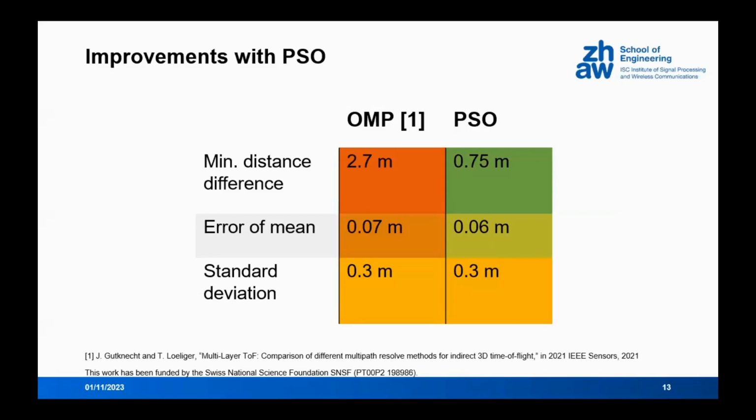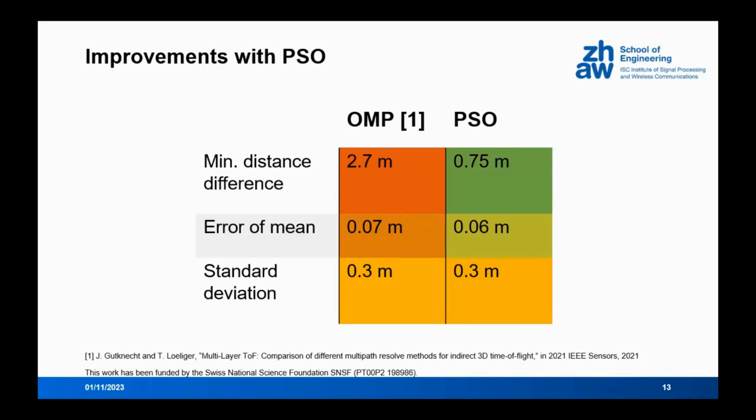So in the end, what we were able to achieve was that we could reduce this minimum distance difference between two objects from 2.7 meters to roughly 0.75 meters. This is still relatively big for real-world applications, but for us, it's a huge improvement because we could reduce it by about 2 meters. We were also able to decrease the error of these distances a little bit.